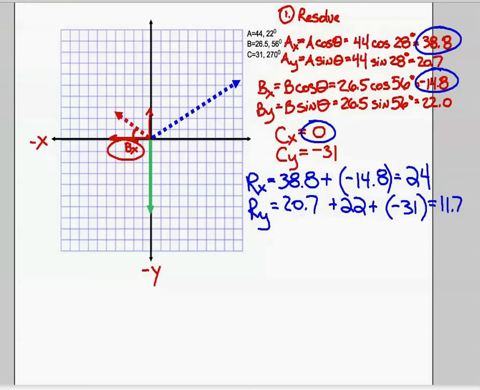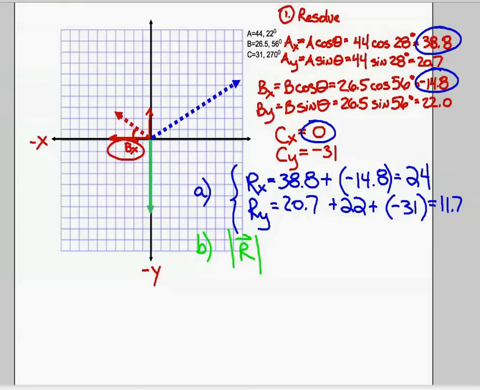Part A asks to find your resultant in component form. That right there would be sufficient. I could simply say Rx is equal to 24 and Ry is equal to 11.7. But part B asks you to describe it in traditional vector form, which is magnitude and direction. To answer part B, I need to find the magnitude of my resultant, which I can use the Pythagorean theorem for.